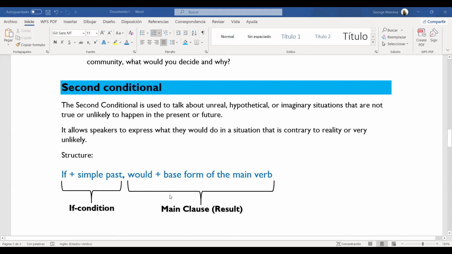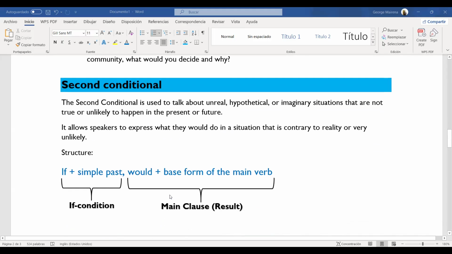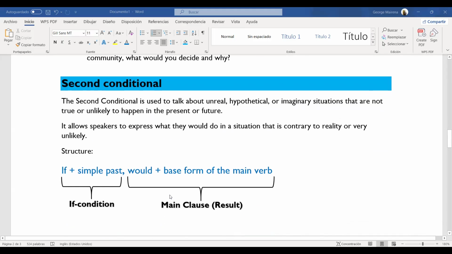Let me tell you, folks, that the second conditional is used when we want to talk about imaginary or hypothetical situations that are not true or unlikely to happen. And this could be in the present or in the near future.